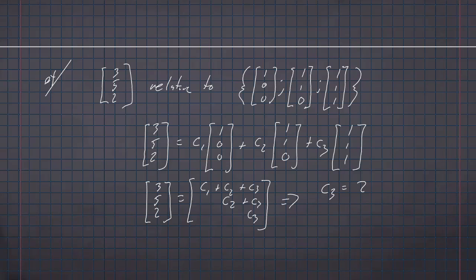We get that C3 is 2. We get that C2 is 5 minus 2, which is 3. And we get that C1 is 3 minus 5, which is negative 2.